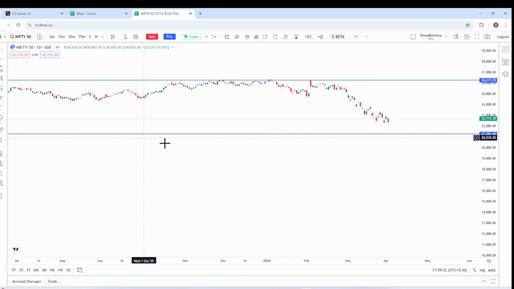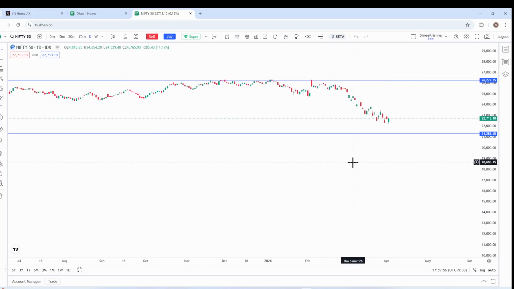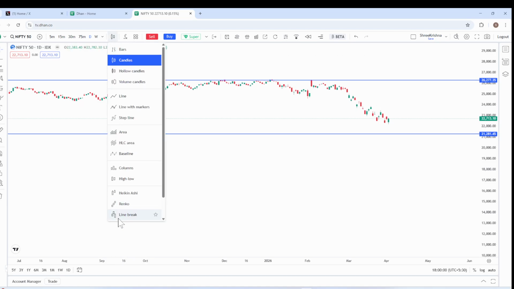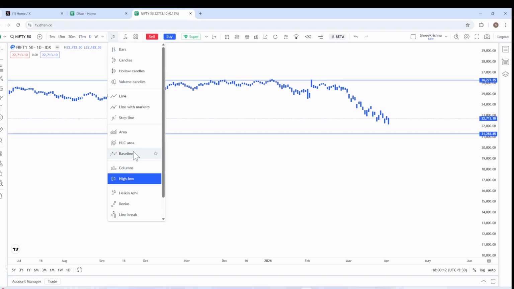Now let's come to the daily. And when you see there are a lot of gaps in this, in order to avoid gaps, you can go for HLC, high-low close. One second, let me see. HLC high-low. No, it's a high-low. You don't have HLC bars.